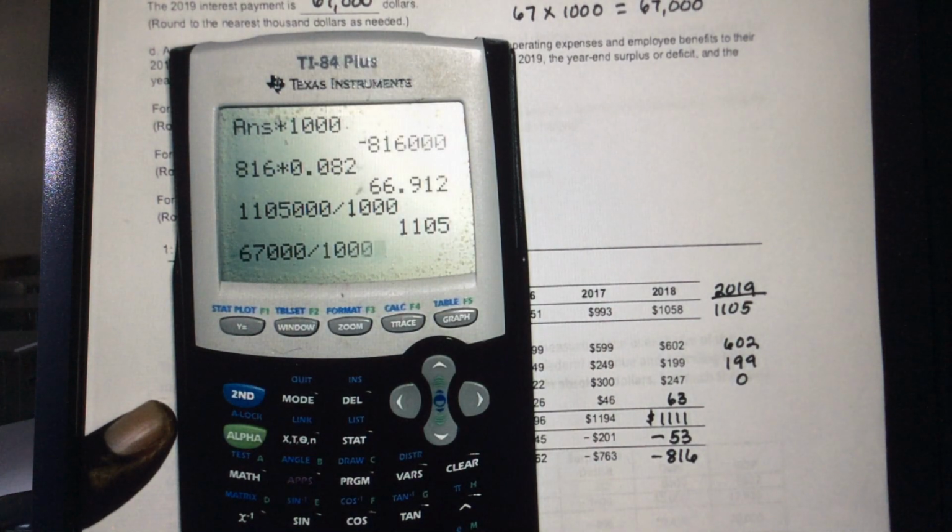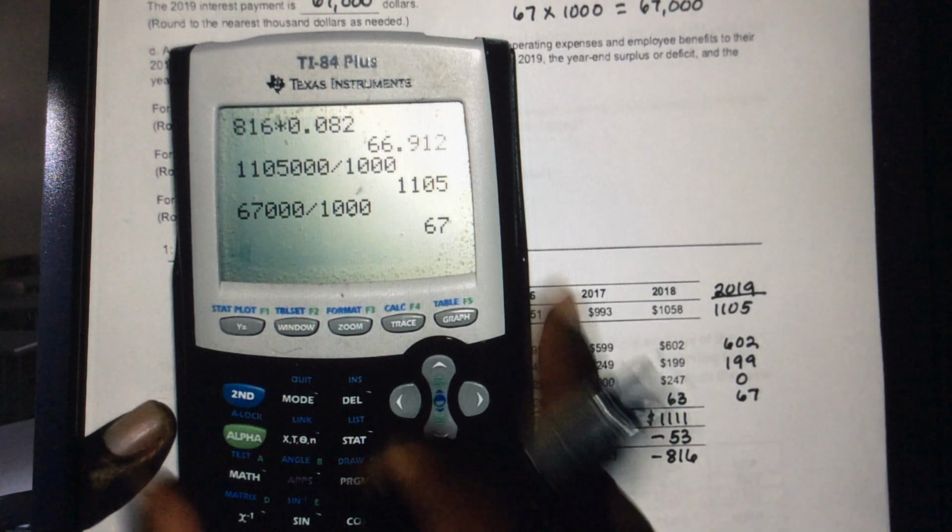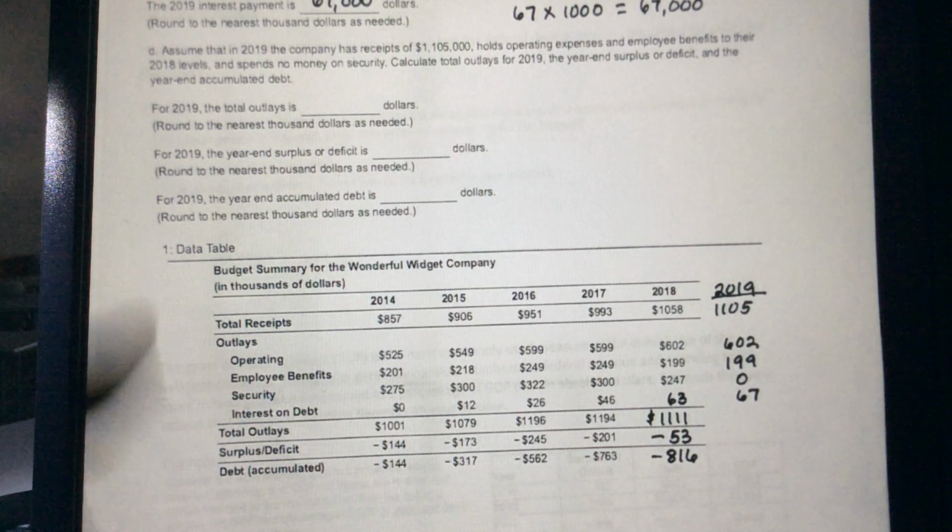But if we divide by 1,000, we have to use 67. Okay? Because our table is in thousands of dollars, and we have it in dollars, so we divide by 1,000 to get the 67.